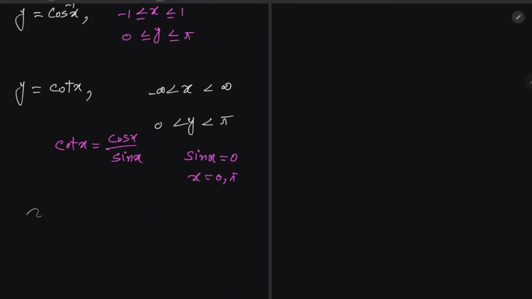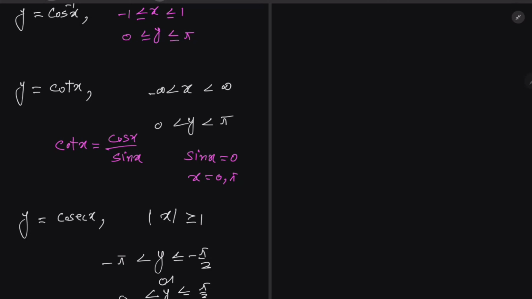The next function, y is equal to cosecant x. For cosecant x, we have mod x greater than or equal to 1. It is similar to secant x. And y should be minus pi to minus pi by 2, or y should be 0 to pi by 2.